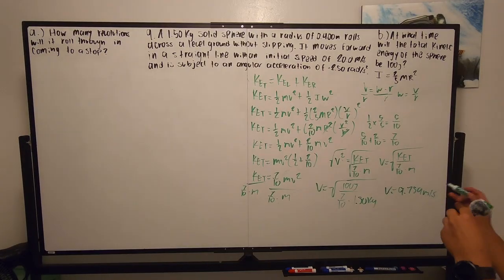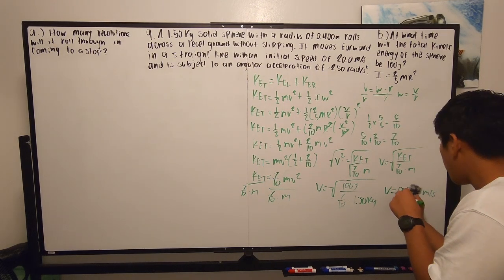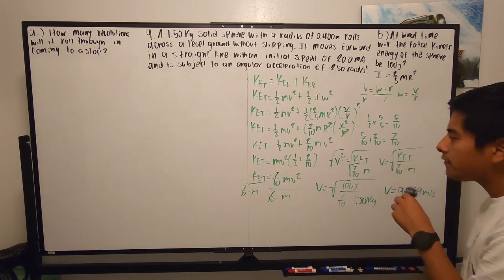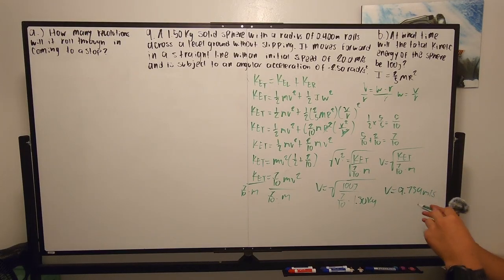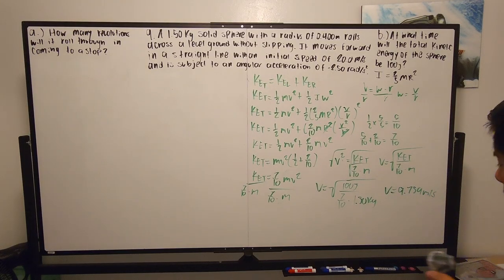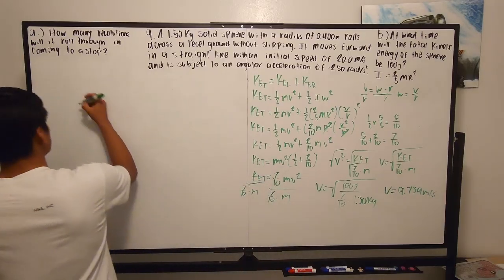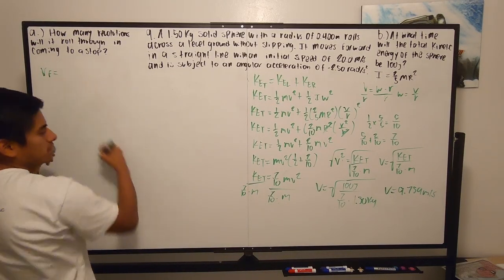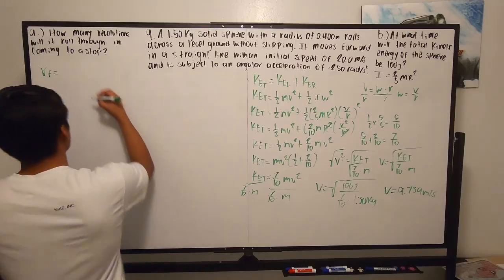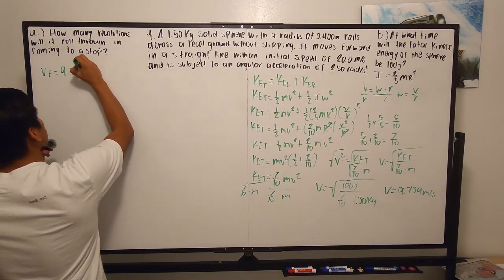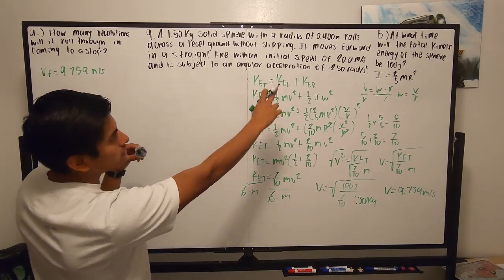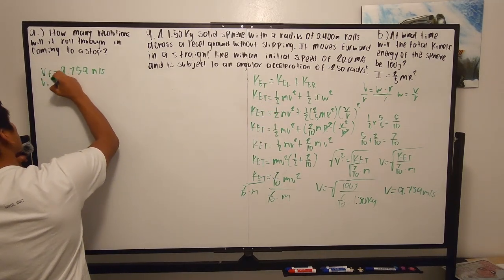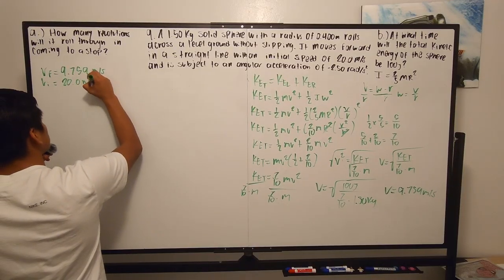Okay, so now that I found the linear velocity when this sphere's total kinetic energy is 100 joules, I can use this to find the time. So I'm going to bring that over here. So the final velocity is 9.759 meters per second. And I'm told that my initial velocity is 20 meters, so velocity initial equals 20.0 meters per second.